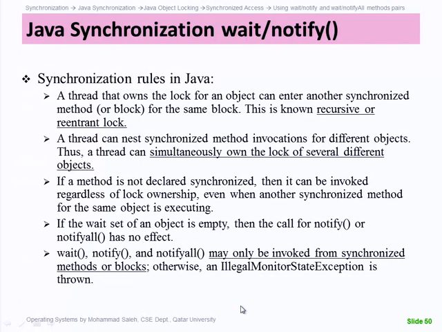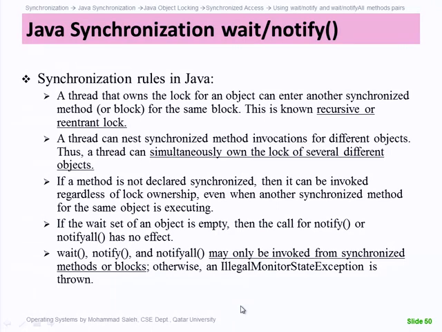You call this situation what? Recursive or reentrant lock. You don't need to obtain the lock again. You already have the lock, so you are granted access to any synchronized method from within synchronized or unsynchronized methods as well. But at the very first bit, you should have the lock, which means you started by having access to a synchronized method as a thread.